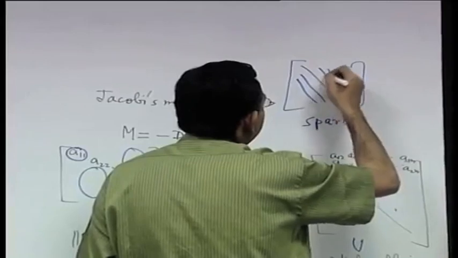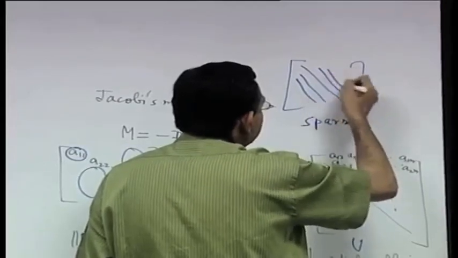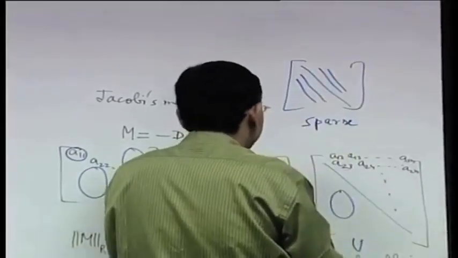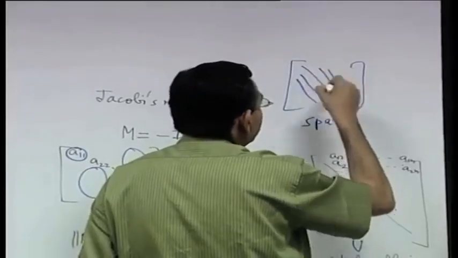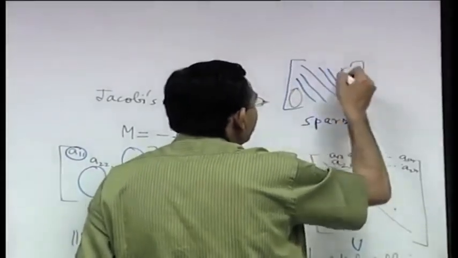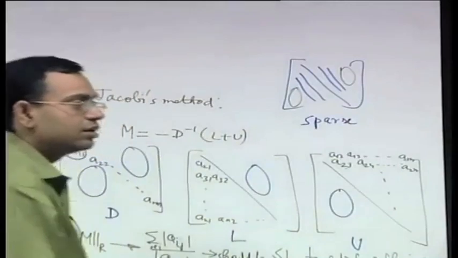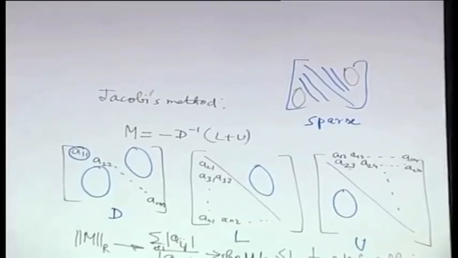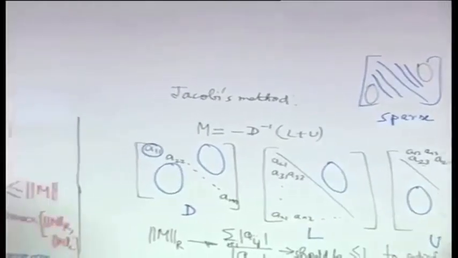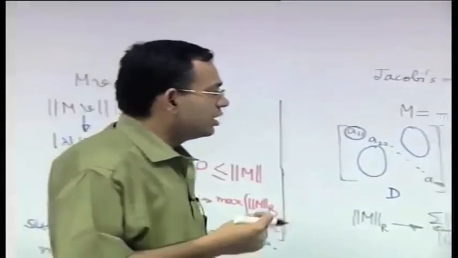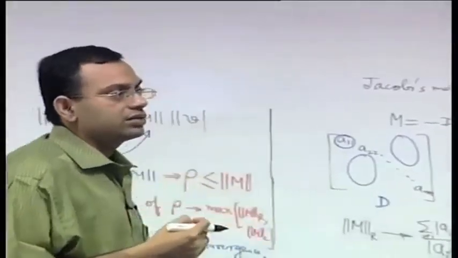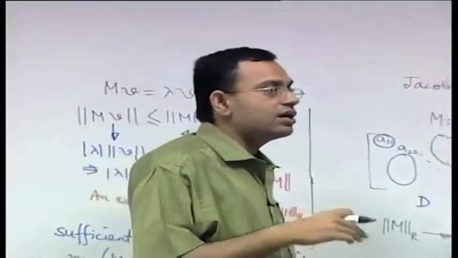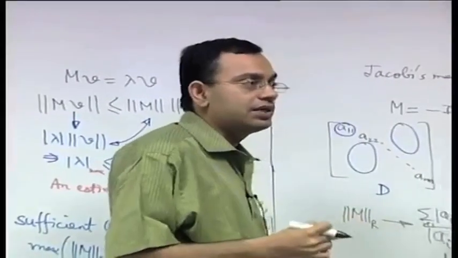If it is a tridiagonal system then 3 diagonals, if it is a pentadiagonal system 5 diagonals, but these are not the only terms. The majority of the terms which are away from the diagonal are zeros. So, the matrix is densely populated with zeros, and these types of matrices are called sparse matrices. It is particularly important in computational fluid dynamics to understand how to handle these sparse matrices.